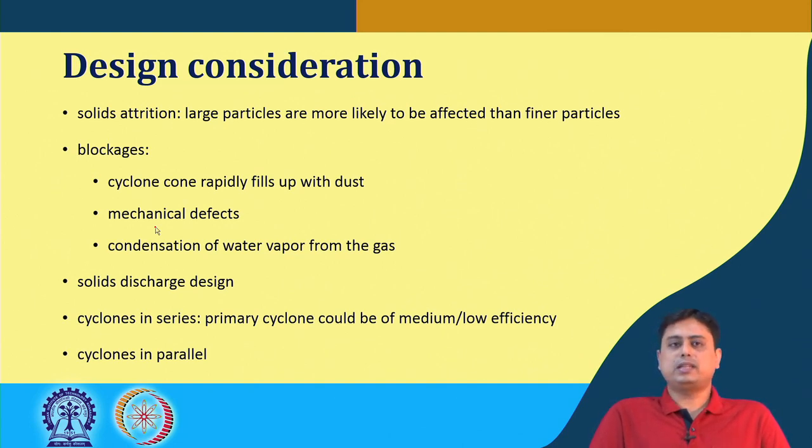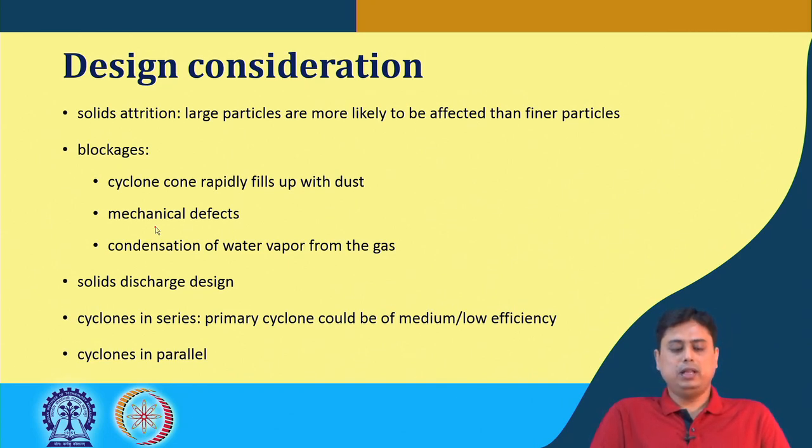So, this blockage can happen. One of the reasons is rapid fill up of the solids at the conical zone, mechanical defects, any gasket blockage or something like that, or a physical property change of the feed during the operation.